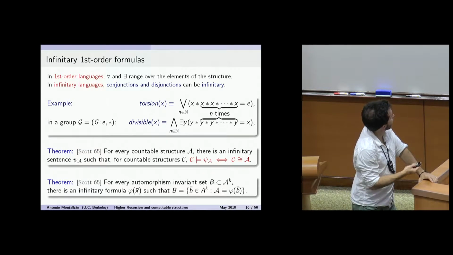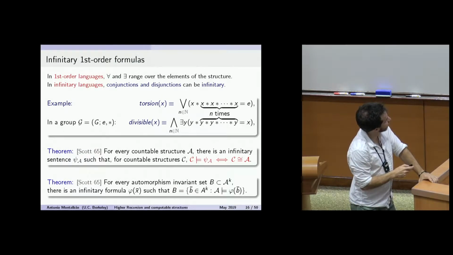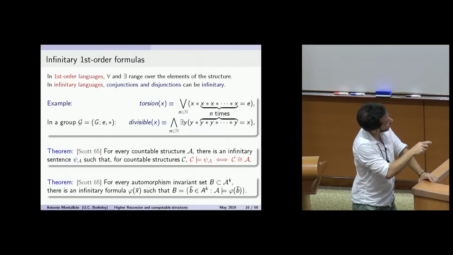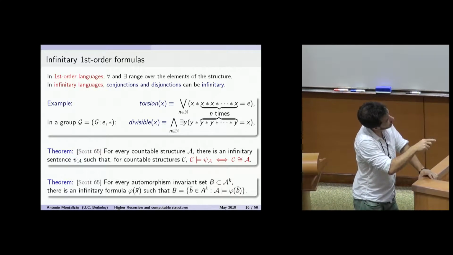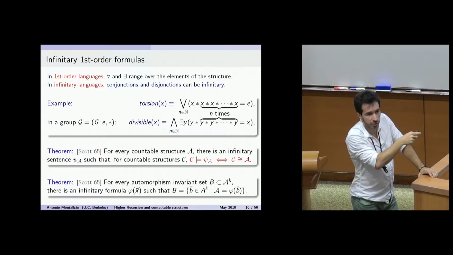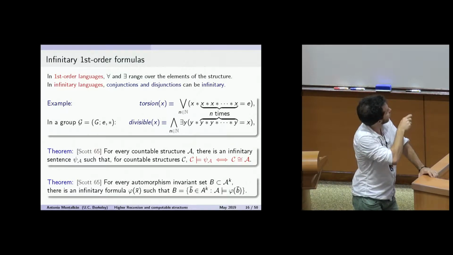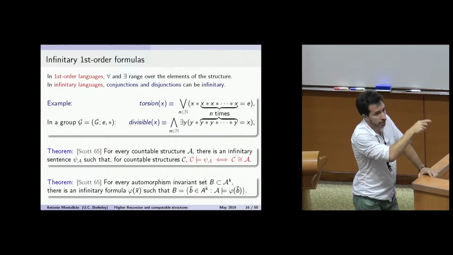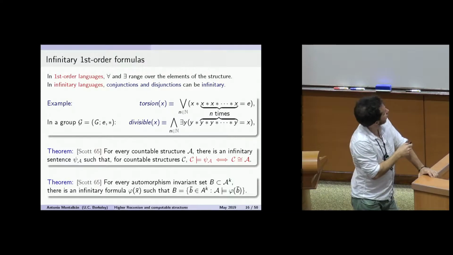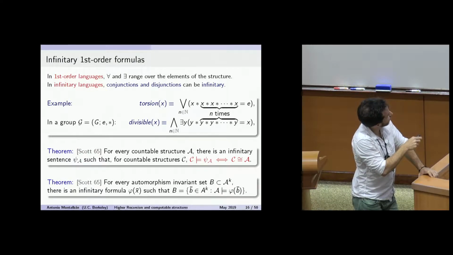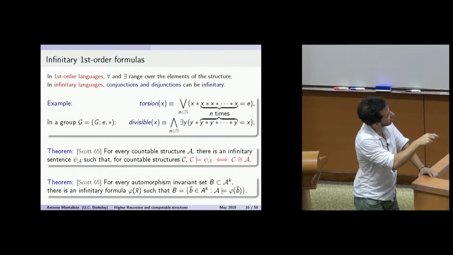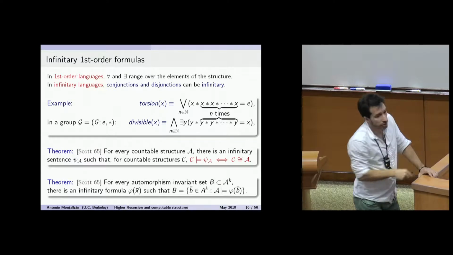And another one, I guess, also follows from the same paper. If you have your structure A and you have a set of k-tuples in the structure that is automorphism invariant, then there is an infinitary formula with k free variables which defines this set within A, the set of all the things that satisfy it.